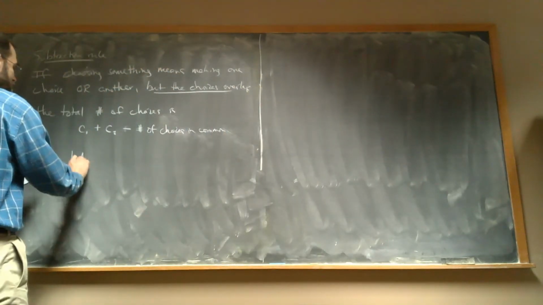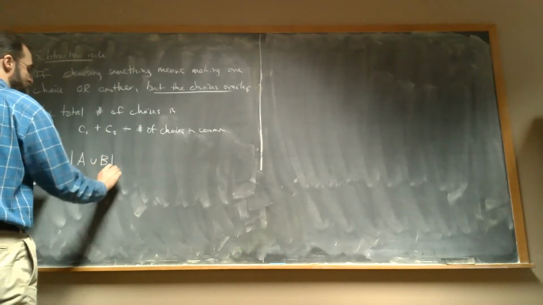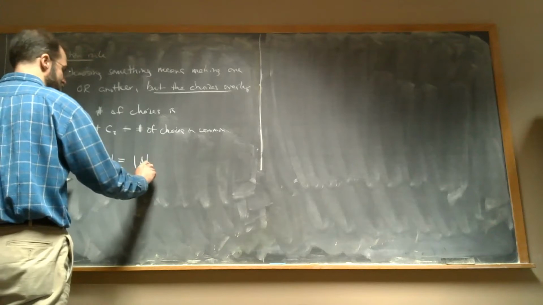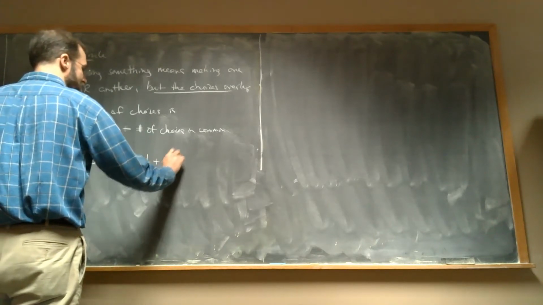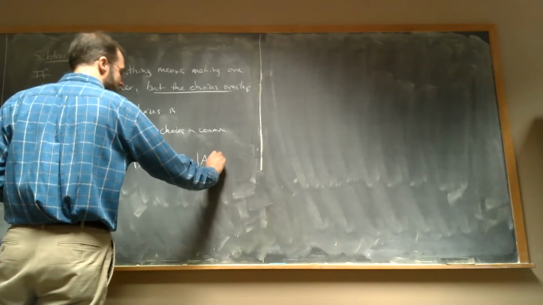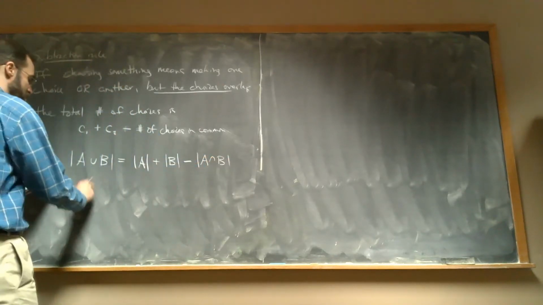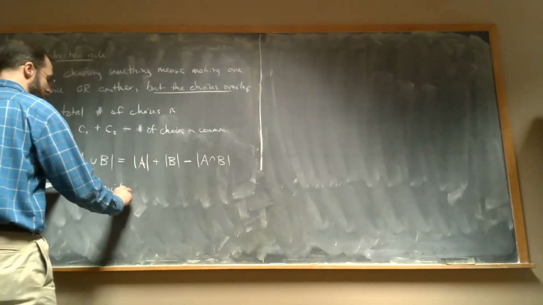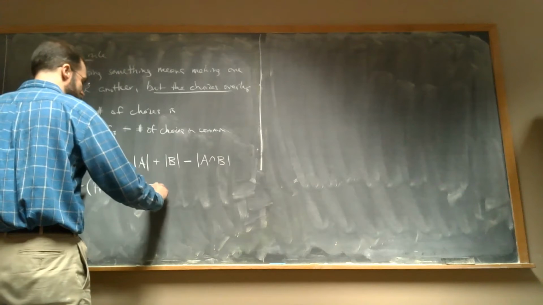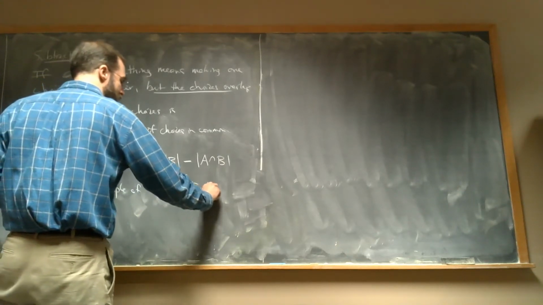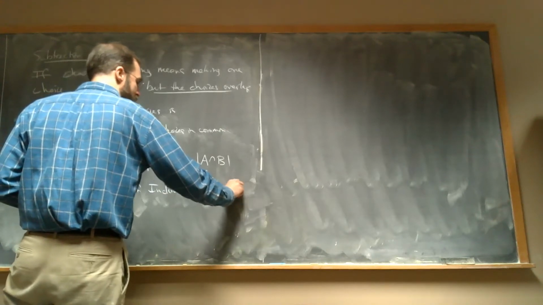And we've seen this before, in the form of the formula for the size of a set union: the size of A plus the size of B minus the things in common. This is called the Principle of Inclusion-Exclusion, or PIE for short.